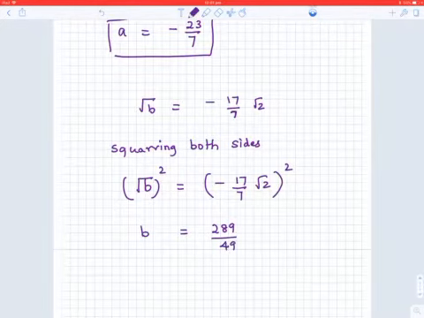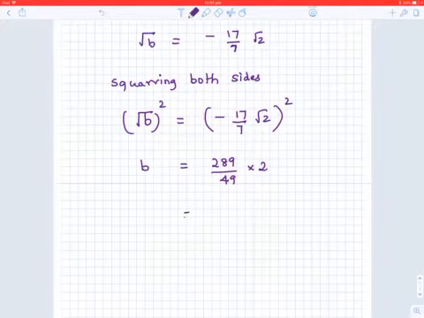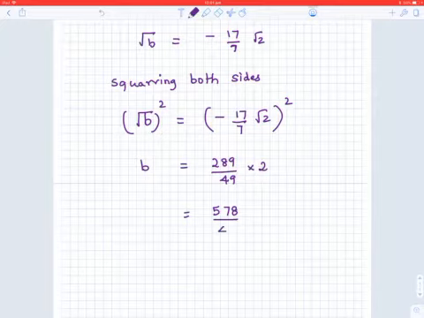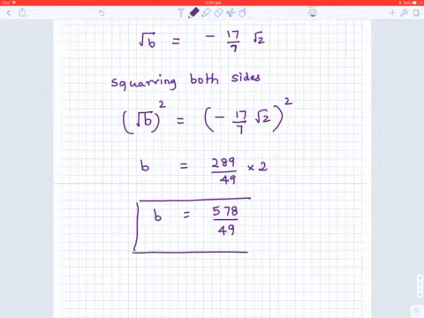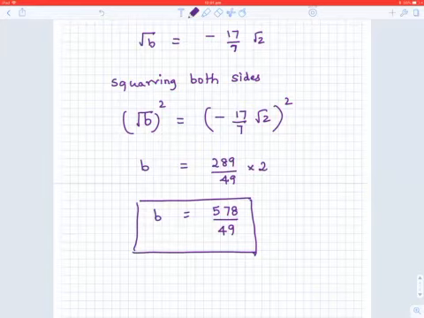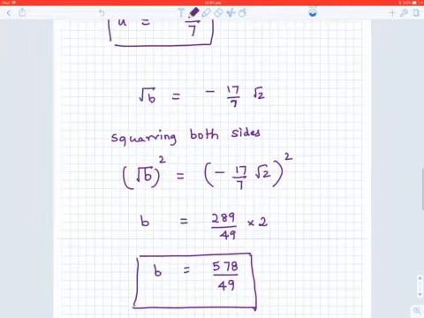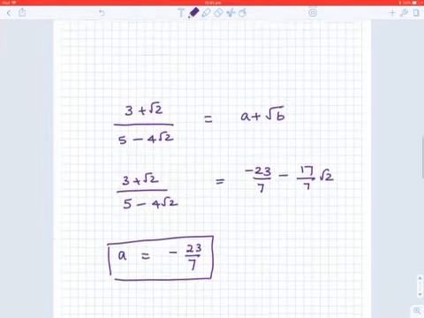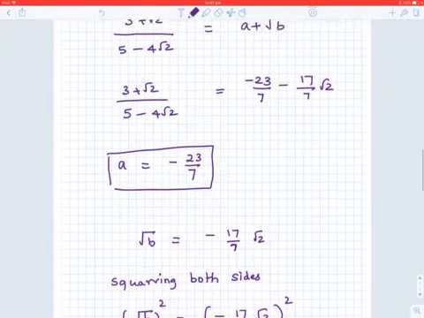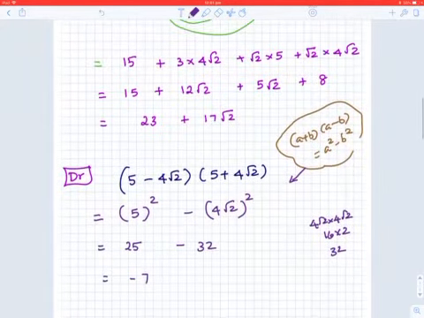And when I do that, b equals 289 divided by 49 times 2, which is 578 over 49. So this is the value of b. Okay, you can't simplify it, I think. So this is your answer. Okay, so we got the values of a and b.